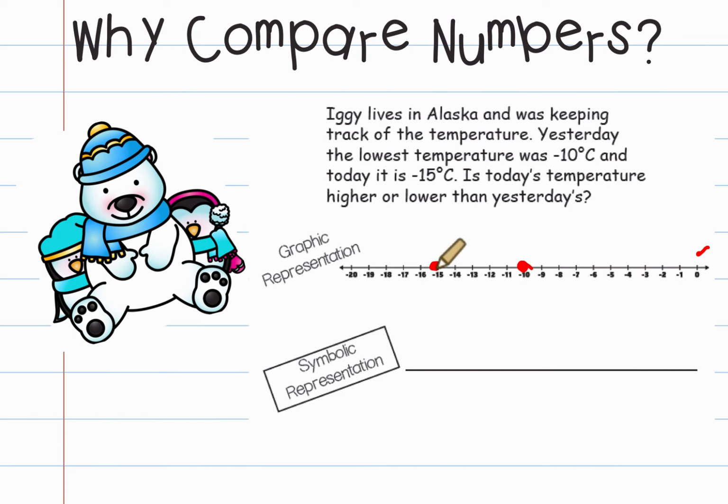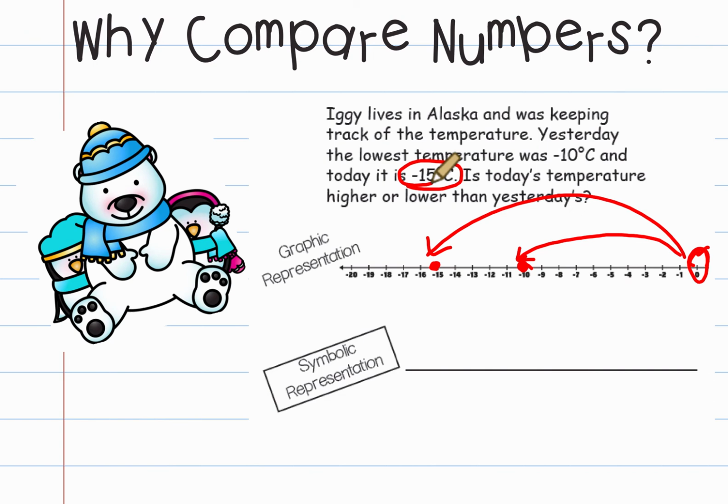Well, which one is the furthest away from 0? Well, -10, then -15. So if my question was, is today's temperature higher or lower? Well, I would know that it was the temperature that was -15 degrees because it's farther away from 0.